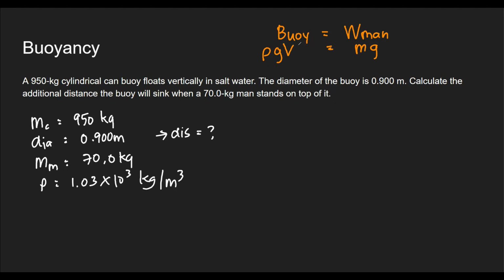We can definitely see where we can get our d. So I have a g here and I've got g there. That'll just give us rho V is equal to our m. V here is the additional volume displaced when the man decides to stand on the buoy.